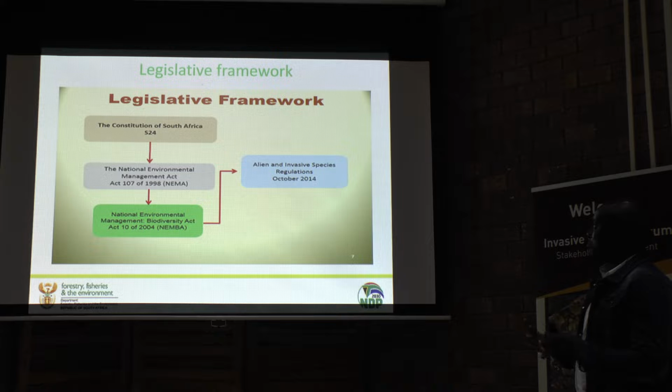Even NEMA protects so many things. We've got CITES, we've got so many things, and then including alien invasive plants. That's where the alien invasive species regulations come from. The first one came out in 2014 when it started.